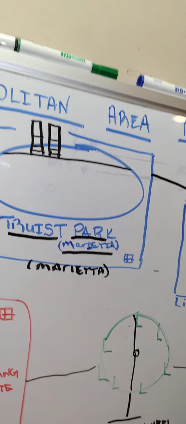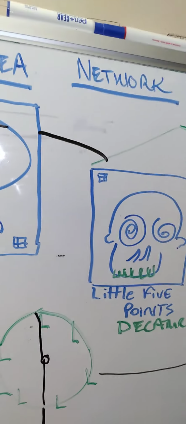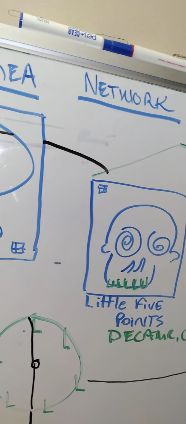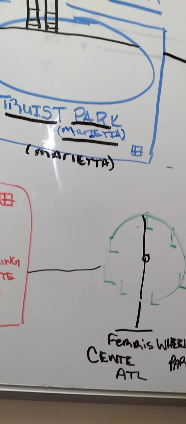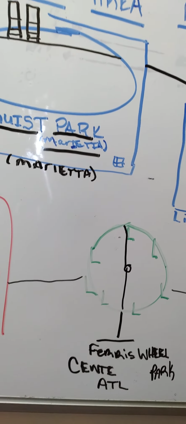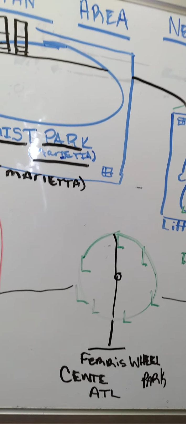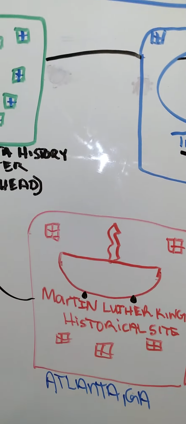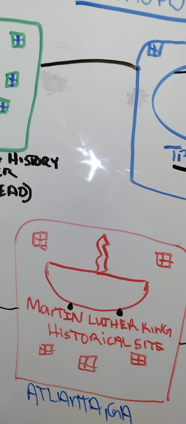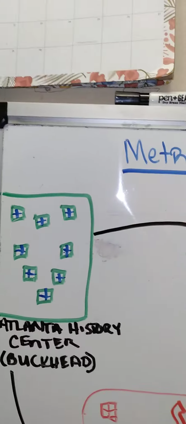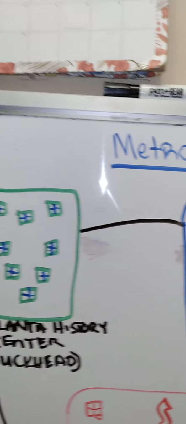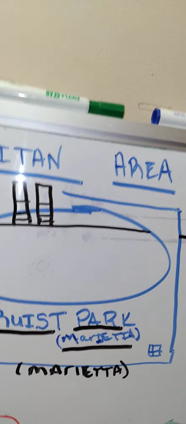That goes from Little Five Points to Centennial Park to Martin Luther King Historical Site to the Atlanta History Center in Buckhead to Truist Park in Marietta.